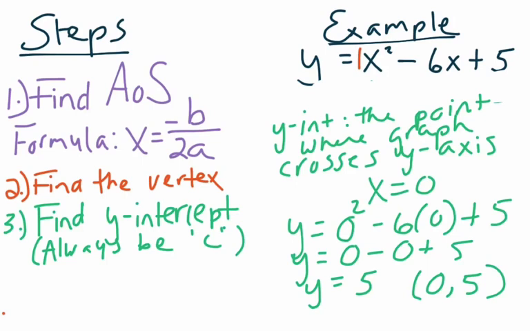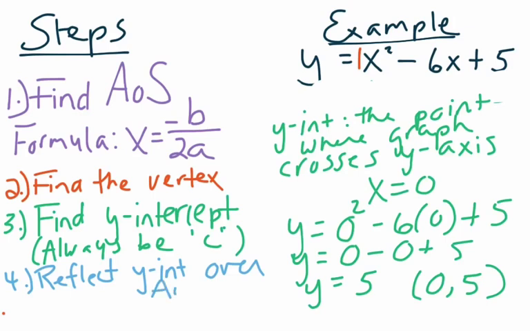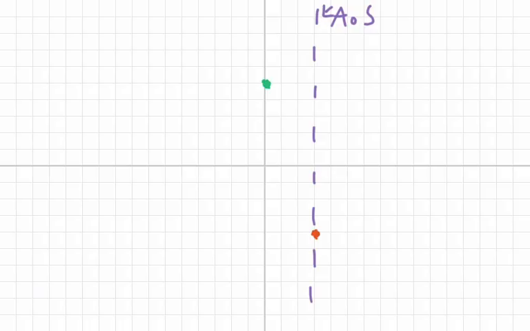So step number 4 is going to be to reflect the y-intercept over the axis of symmetry. So I'll give you a chance to write that down. Reflect the y-intercept over the axis of symmetry. So remember that the axis of symmetry is the mirror line.